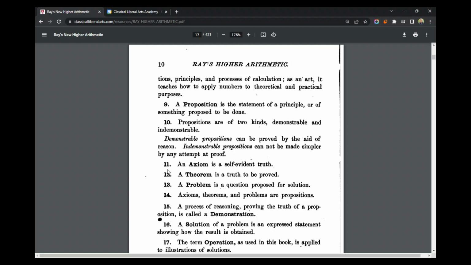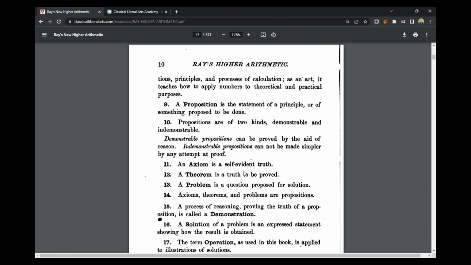Article 11. An axiom is a self-evident truth. Self-evident means that there's no way to prove it. It doesn't need to be proven because it's obvious to everyone.